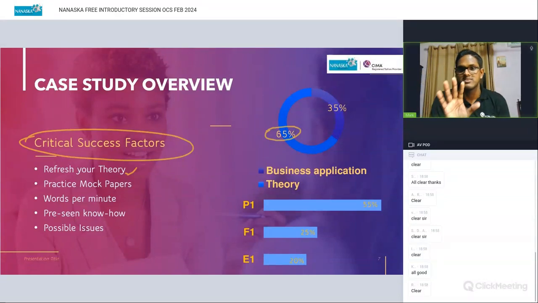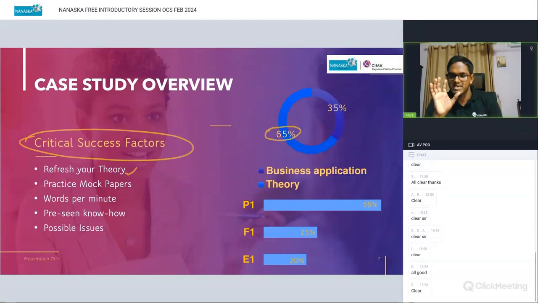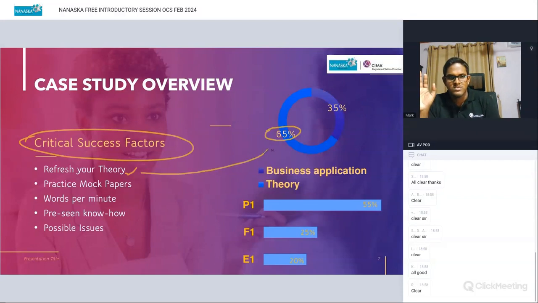This is not a very specific number based on the analysis of past examiner questions; I have just decided on a hypothetical figure. This may change, it's subjective, but easily I could say 60 to 70% of your paper you can do if you know your theory.